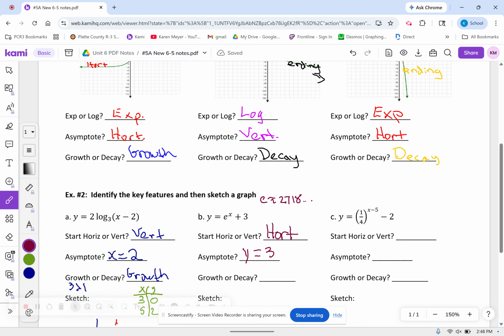And if you don't remember that, then on your calculator, just go second ln, which e will pop up, and then you can type in the power of 1, and it will give you this number. This is bigger than 1, so then this would be a growth.